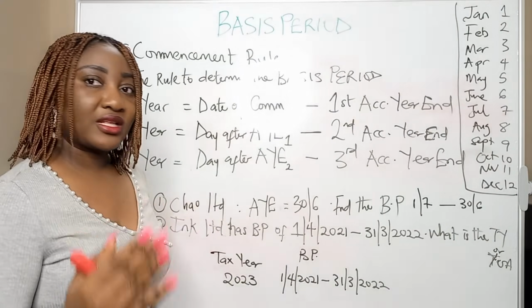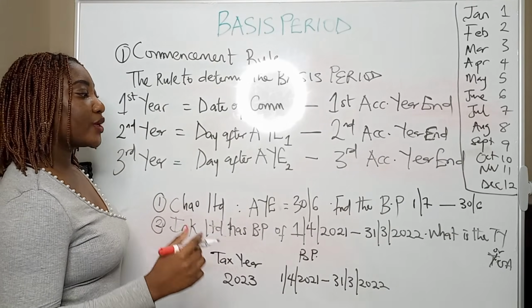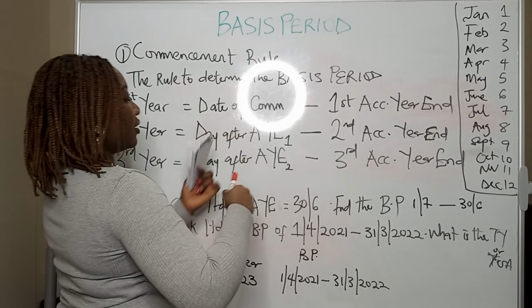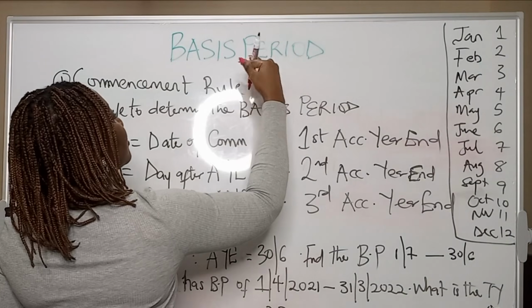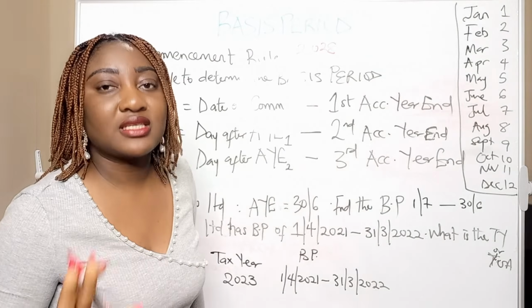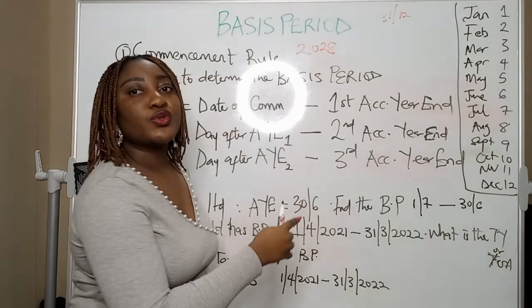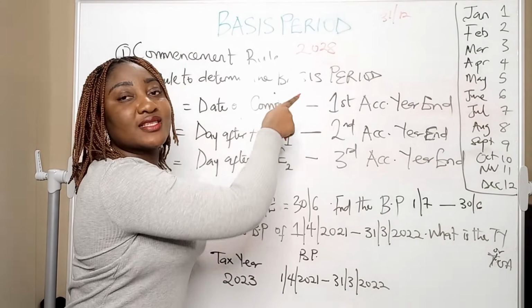Okay. Let me give you another example. If you have a tax year of, say, 2028, let's write that year. Tax year of 2028, and they prepare accounts to 31st December. Then I tell you to prepare the basis period for this tax year.